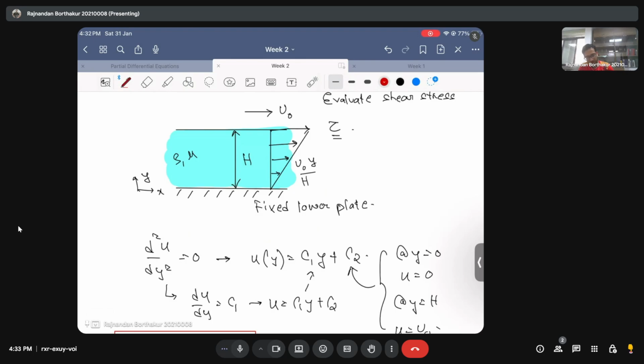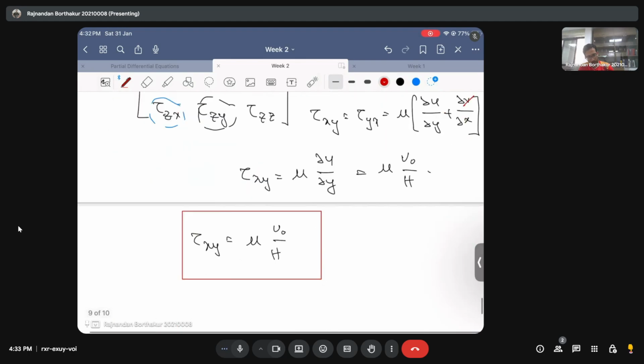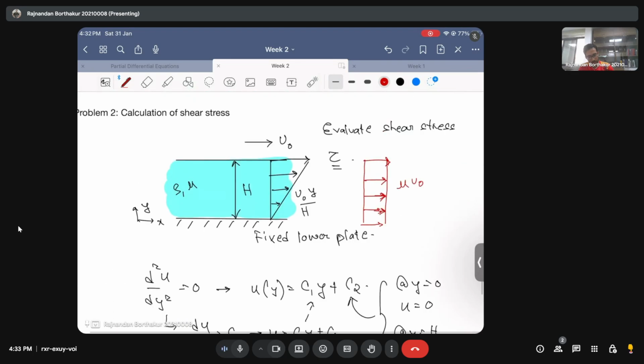But if you plot your stress field, it's just going to be a constant with magnitude mu u naught by h. So this is your stress field, and this is your velocity field. I hope this is clear to you.